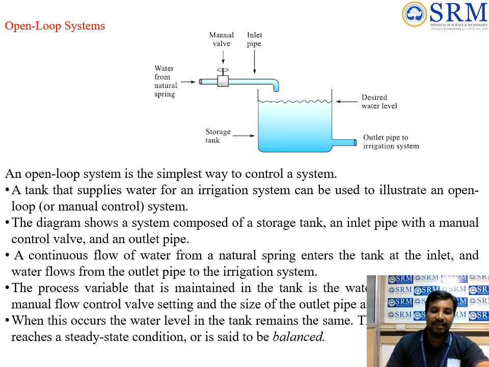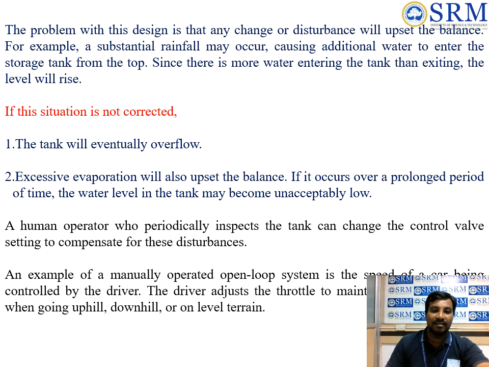The process variable maintained in the tank is the water level. Ideally, the manual flow control valve setting and the size of the outlet pipe are matched exactly. When this occurs, the water level in the tank remains the same. Therefore, the process reaches a steady state condition, or is said to be balanced.